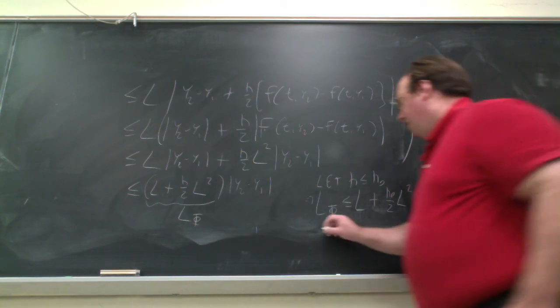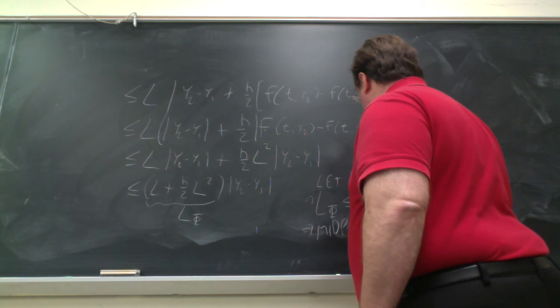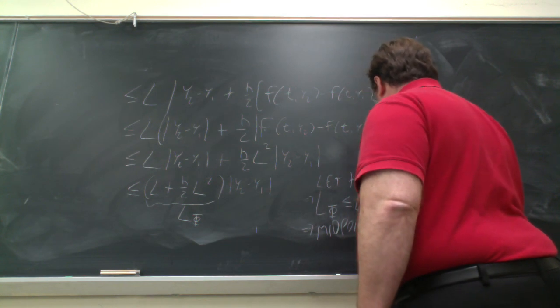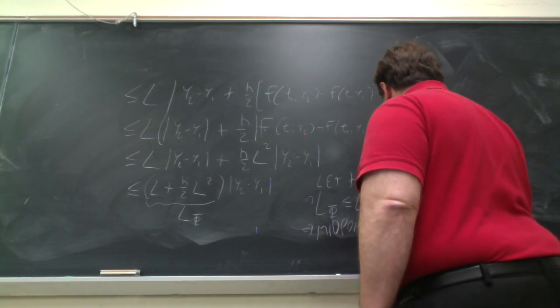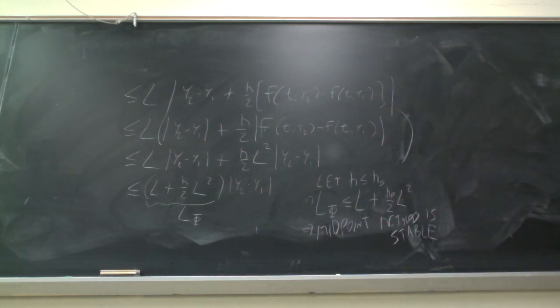So I can conclude from that that the midpoint method is stable. And earlier we showed it was consistent. So we can conclude from those two things that the midpoint method is also convergent.